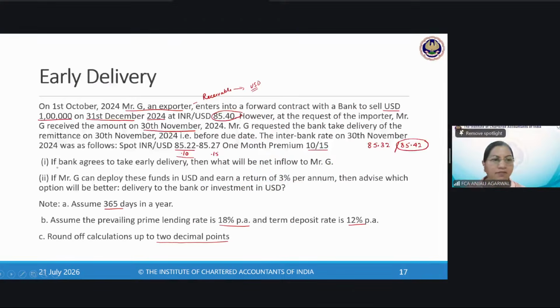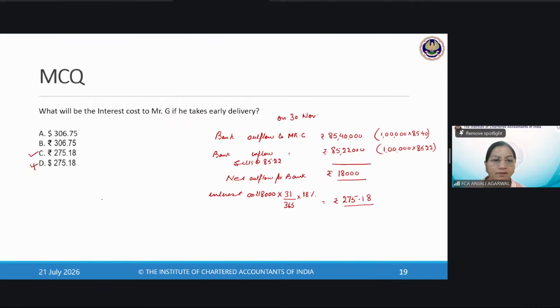Now, let us answer the first part. What will be the net inflow to Mr. G? 85,40,000 is what he should have got, but there was a swap loss of 20,000 to the bank, and there is interest cost of 275.18 which is charged to the customer, Mr. G. So the net inflow to Mr. G would be 85 lakh 40,000 minus 20,000 minus 275.18, which is 85 lakh 19,724.82.